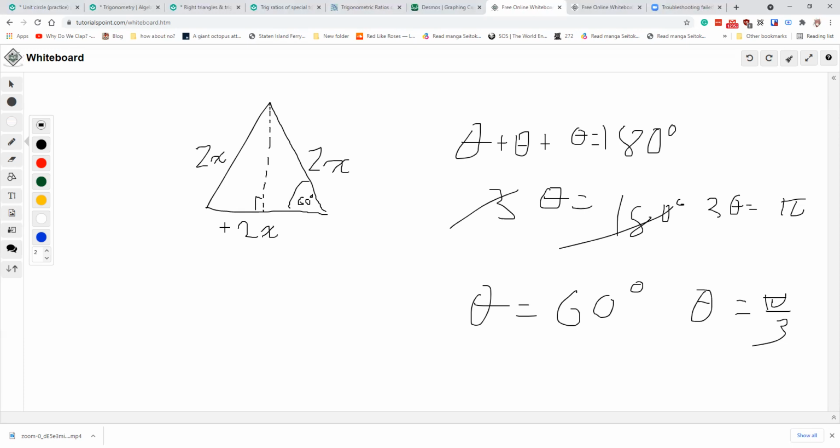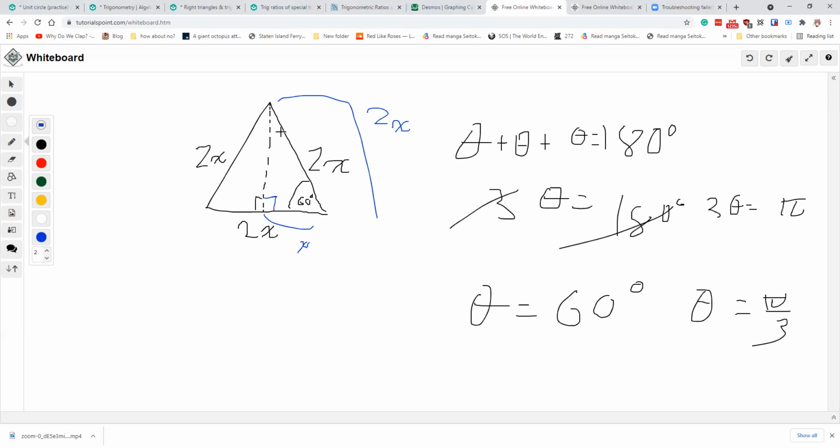And therefore, although the whole length of that side is 2x, just this side, I will use a different color, just this side is x. But the length of this whole side is still 2x. Now, this is a right angle, and it's 90 degrees.